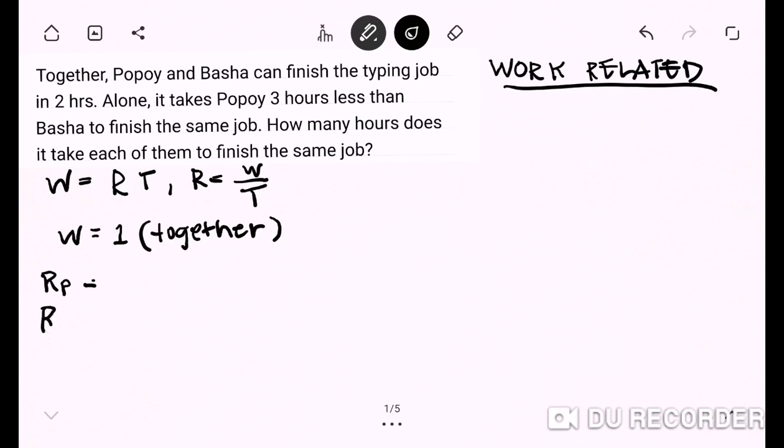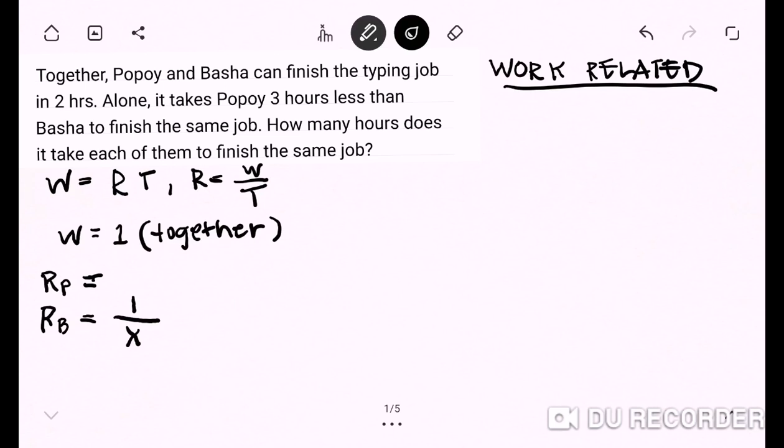And then the rate of work of Basha, itong unahin natin yung kay Basha. So work is equal to 1 all over, actually walang naka-indicate kung ano yung rate of work ni Basha. So ibig sabihin, we can use X to represent yung work rate ni Basha.